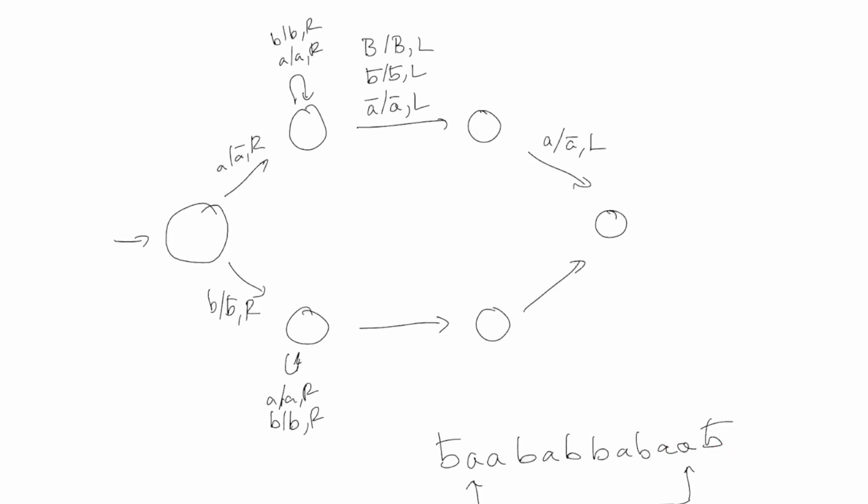The end either means a marked letter or a blank. So the labels in the middle will be the same also. A bar L, B bar L, and blank blank L. The only difference really is this last arrow. It's now going to say B bar L. That is matching off a B at the end to match with the B that I had at the beginning. All right.